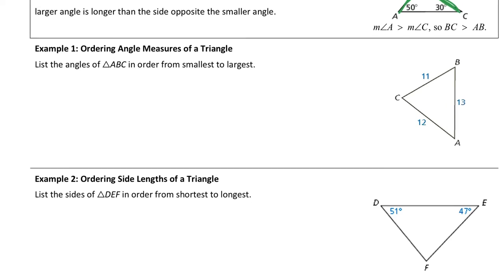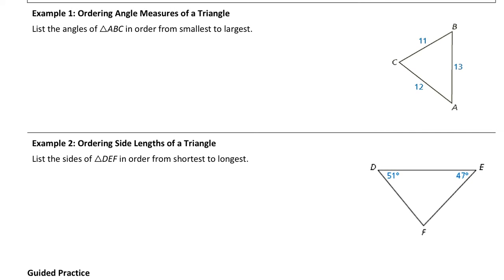So in example 1, ordering the angle measures of a triangle from smallest to largest. So looking at this triangle, the smallest side is BC because it's got a length of 11, which means the smallest angle is angle A because it is opposite from BC. Okay?